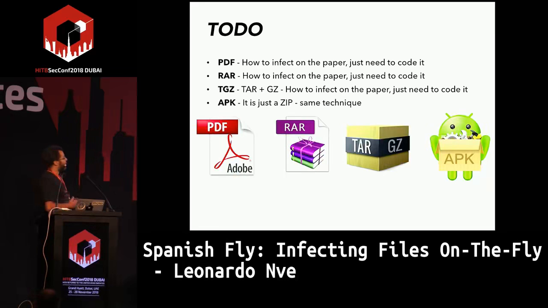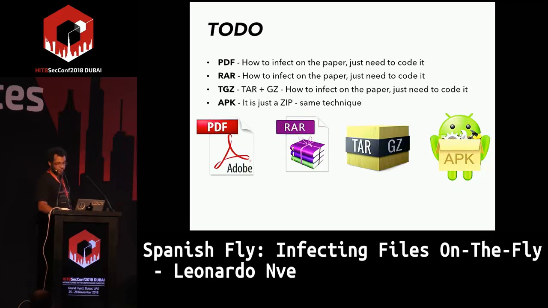So if I see that, I know we can infect that and inject things there. I know how, but this is a one-man proof of concept. So if someone wants to help, you are welcome, because there is a lot to do.